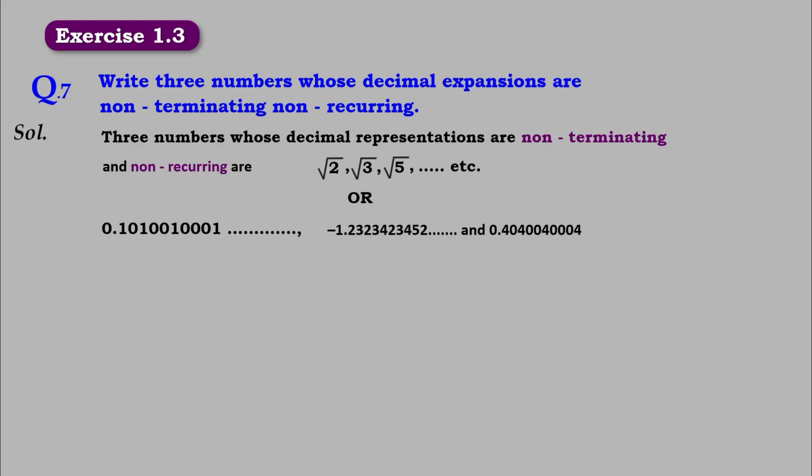Like the square roots of non-perfect square numbers, such as root 2, root 3, root 5, etc. Or it can be a number like 0.101001001001..., or 1.232342..., where you can see that the digits are not repeating.